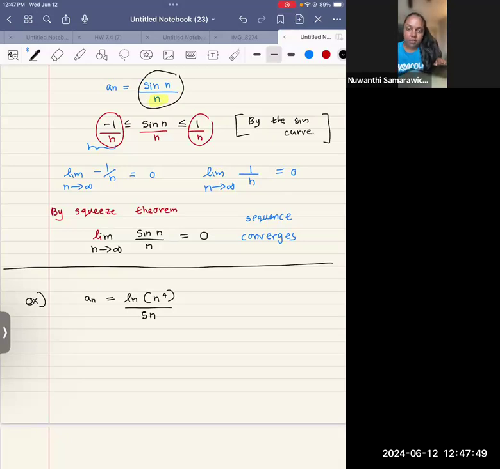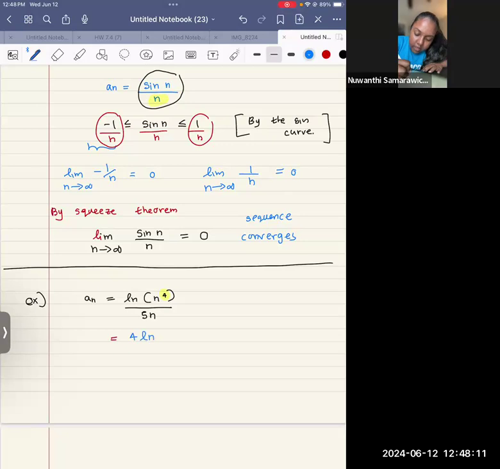Okay, so let's first see how to use L'Hopital's rule. So here, identify this is a power. There's a power inside a log function, so we can take the power out first. That's the first thing you can do.